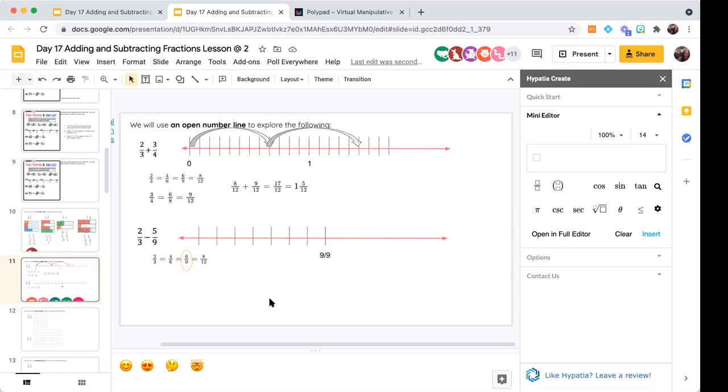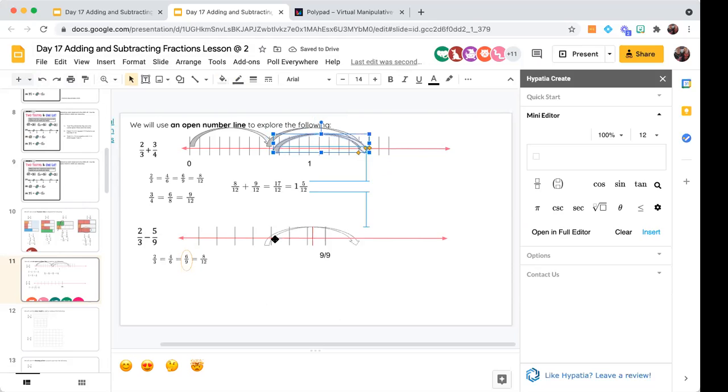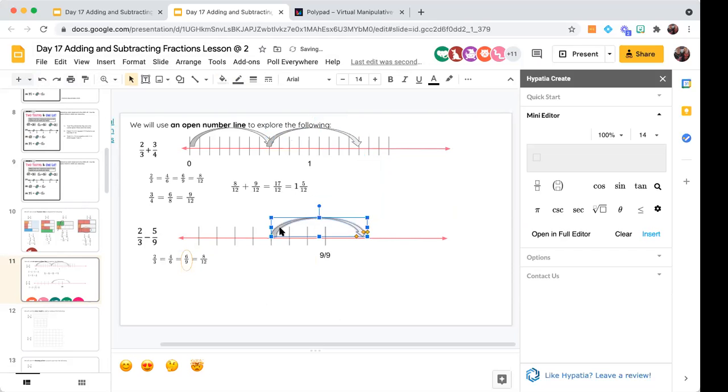So I took my number line and divided it up into 9ths. This time when I use my arrow, we're going to start at 6/9. 1, 2, 3, 4, 5, 6. Right here, 6/9, but now we need to go backwards.